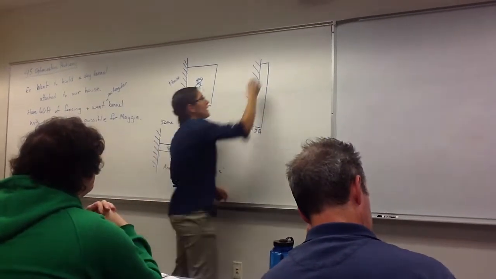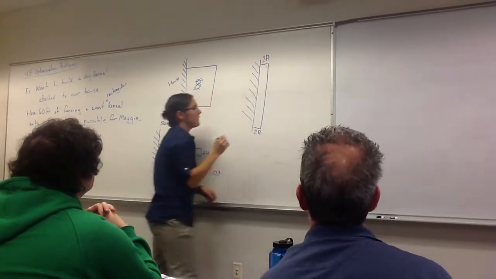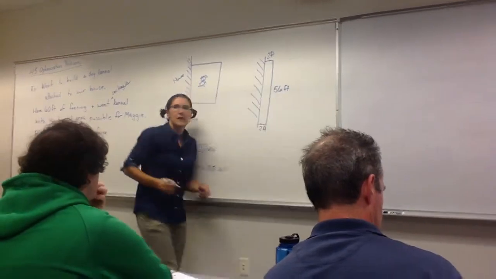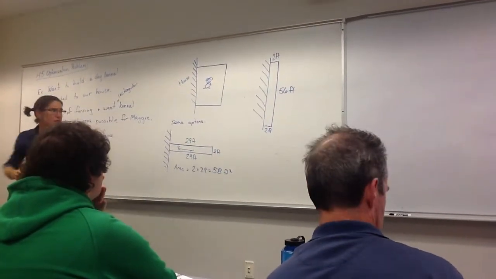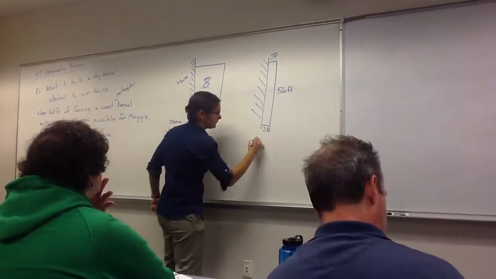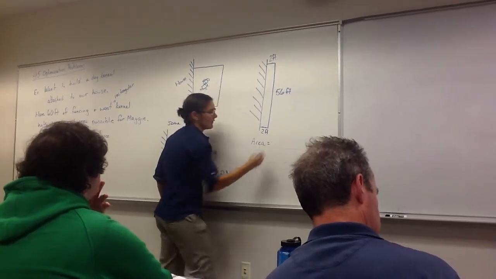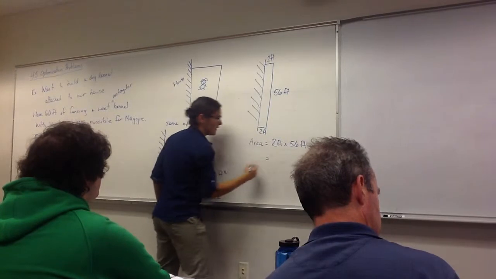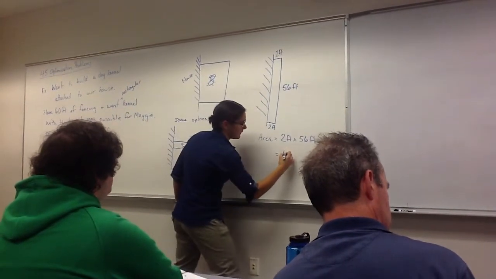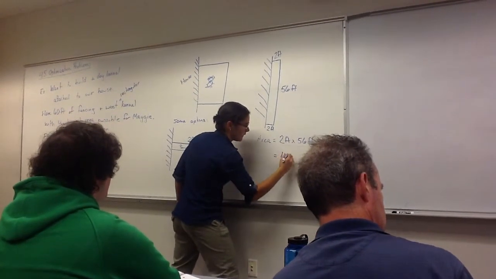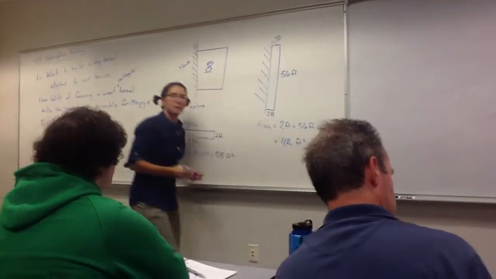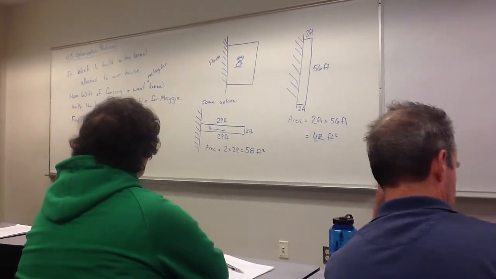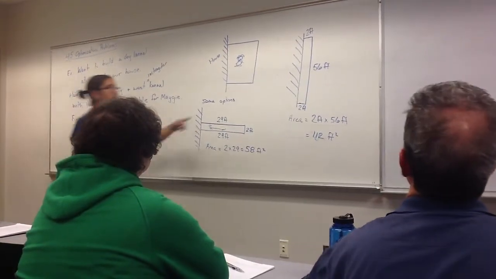So I need 2 feet down here, and I need 2 feet up above here, and that's going to leave me with 56 feet left for that one side. And so the area for this kennel is going to be 2 feet times 56 feet. And so the area of that one is 112 square feet. Well, that's a little bit better than the prior choice. Okay? So I love my dog a little bit more if I create a kennel that looks like this.